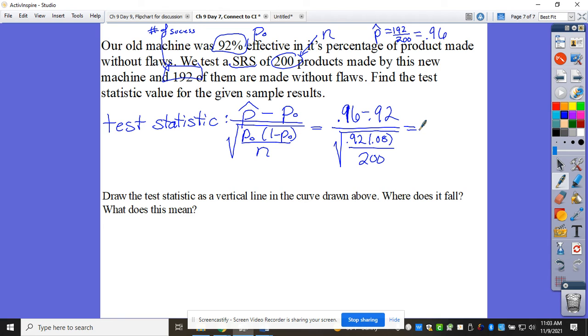And what do we get? And just for the sake of it, because it's like a Z, 2.09.